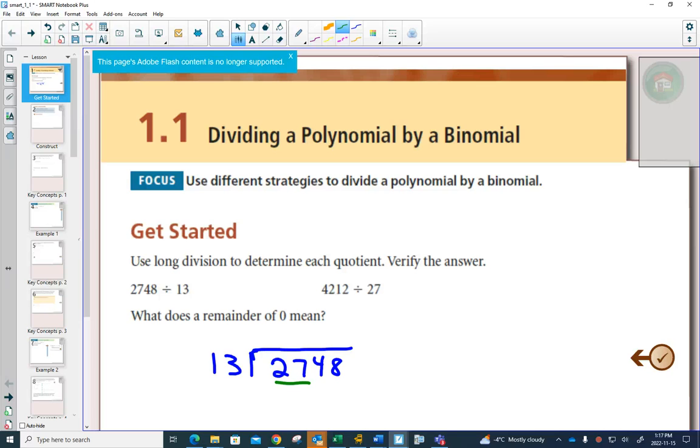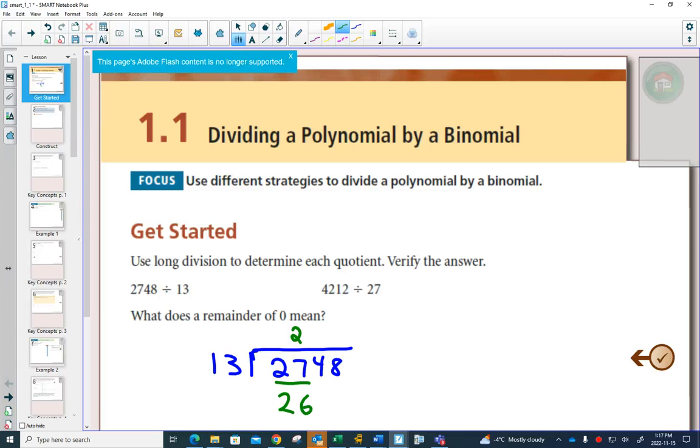So what we do is above the 27, we write a 2. And we say 2 times 13 is 26. Now, technically, what you've done by writing the 2 above the 7 is that's really 200, because it's written in the hundreds part.